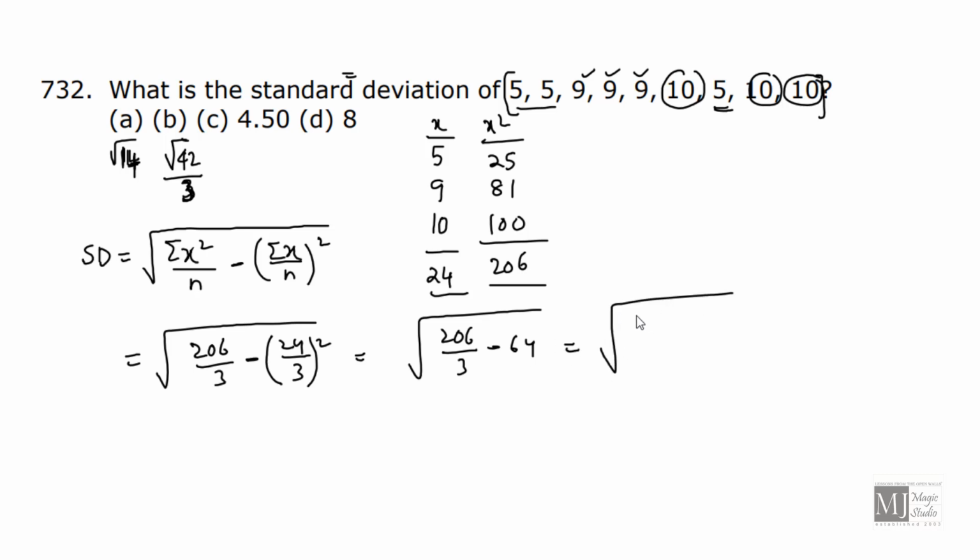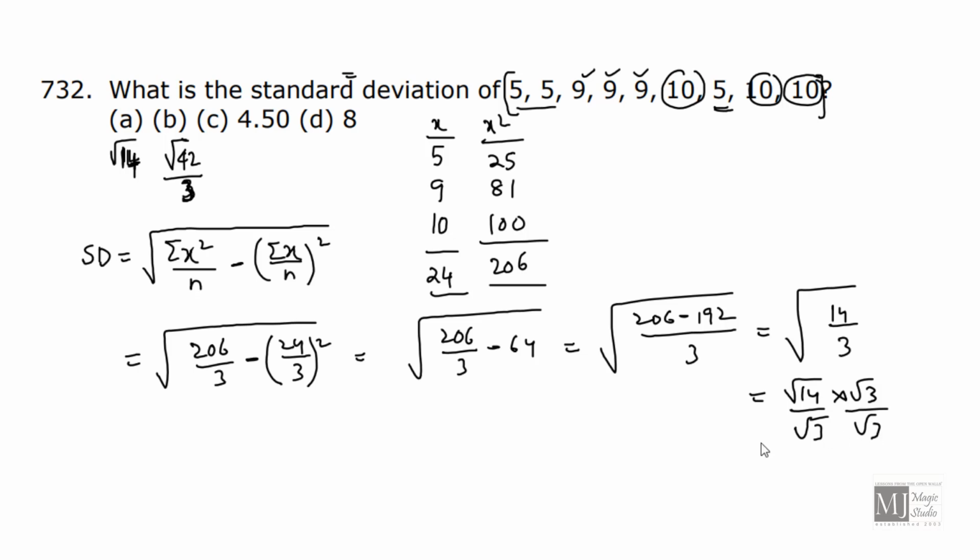Root over 206 minus 192, 192 by 3, root over 14 by 3, or that is root 14 by root 3. If I multiply numerator and denominator by root 3, I'll get root 42 by 3. That fits in option B. Root 42 by 3 is the standard deviation.